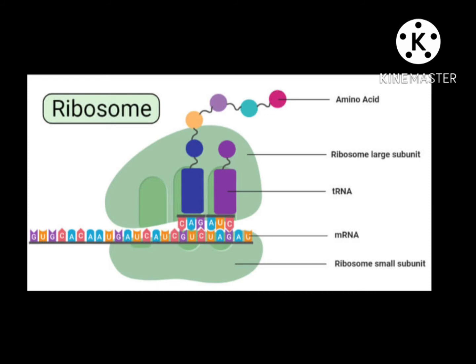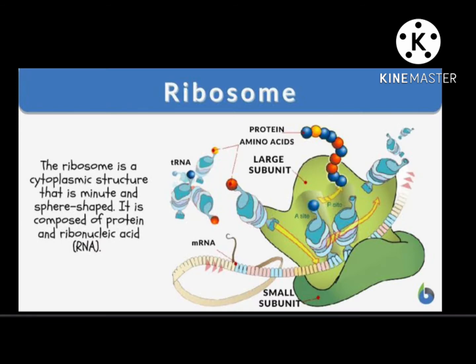Next we come to the distribution. Ribosomes are known as the protein factories. Another name for the ribosome is protein factory. The ribosomes are present in the cytoplasm of the cell, also known as free ribosomes, because they are not attached to any of the other cell organelles.